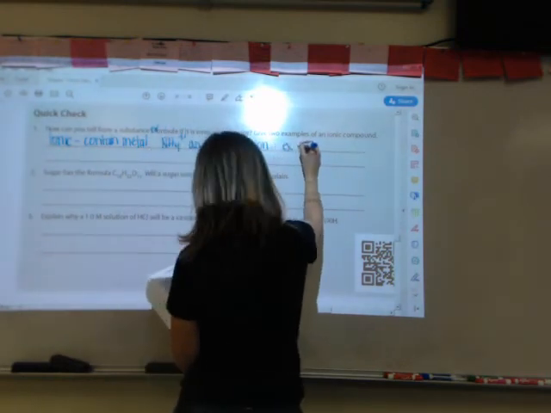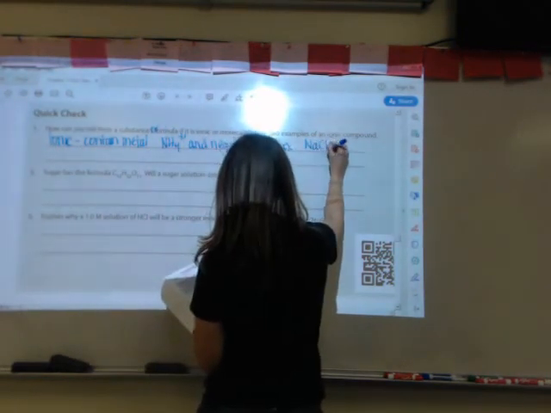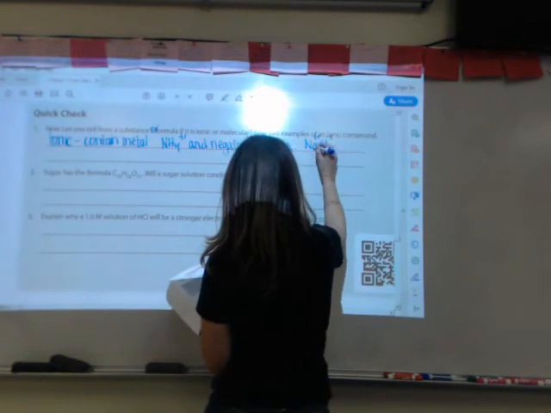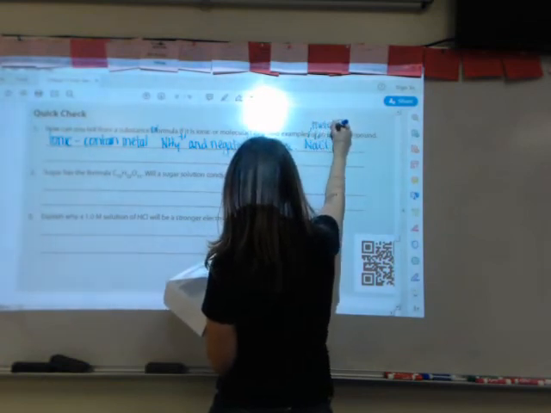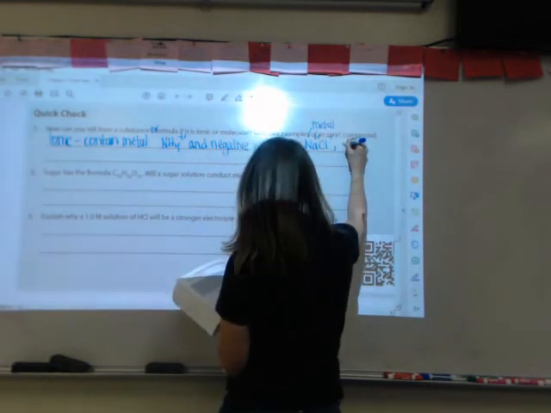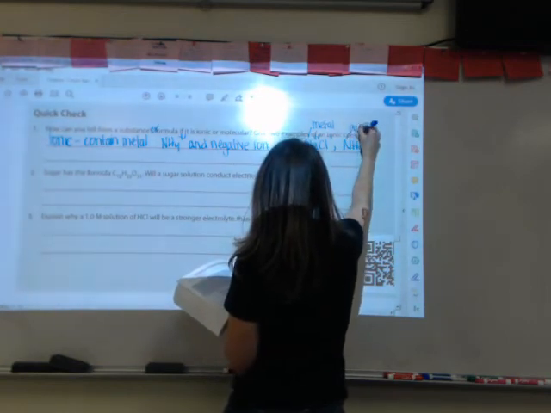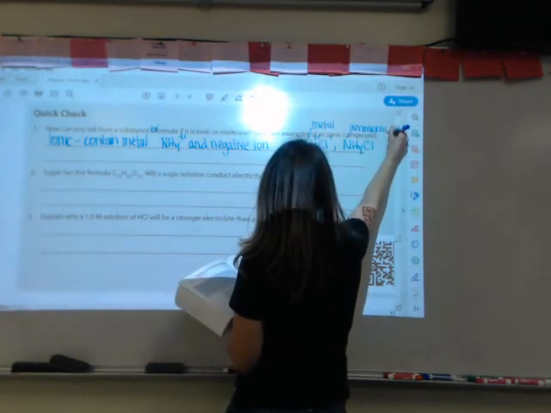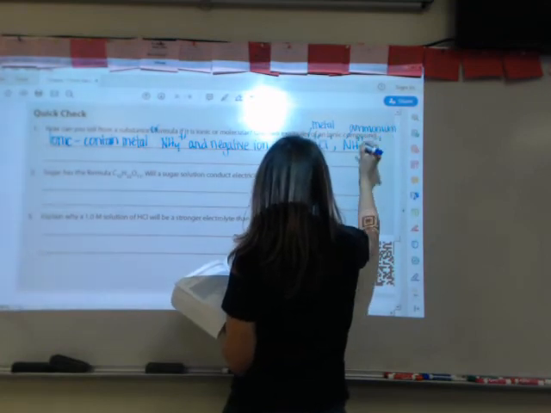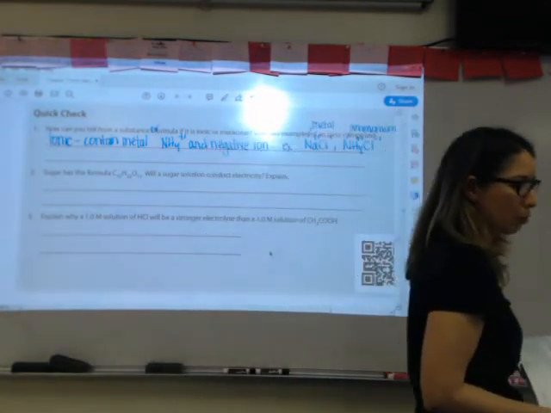An example would be sodium chloride, NaCl, because this is a cation and an anion, and sodium is a metal. Or you could use ammonium hydroxide or ammonium chloride. This is the ammonium ion, and then chloride has a negative charge, which is an anion. So that would also be an ionic compound example.